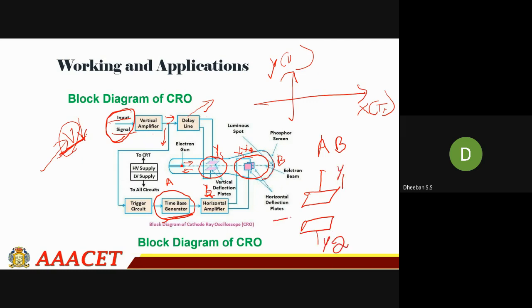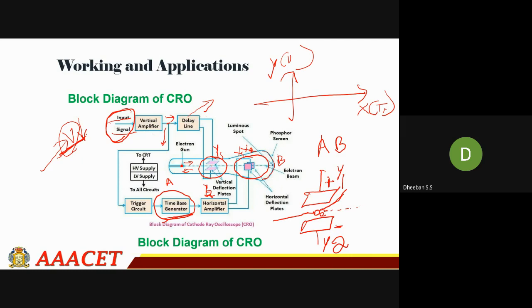If the electrons come over here at a particular time period, one plate will be positive and the other will be negative. Generally, your electron is of negative value, right? So this negative electron gets repelled from the negative electrode and gets attracted towards the positive electrode. So the direction deviates from its straight path.